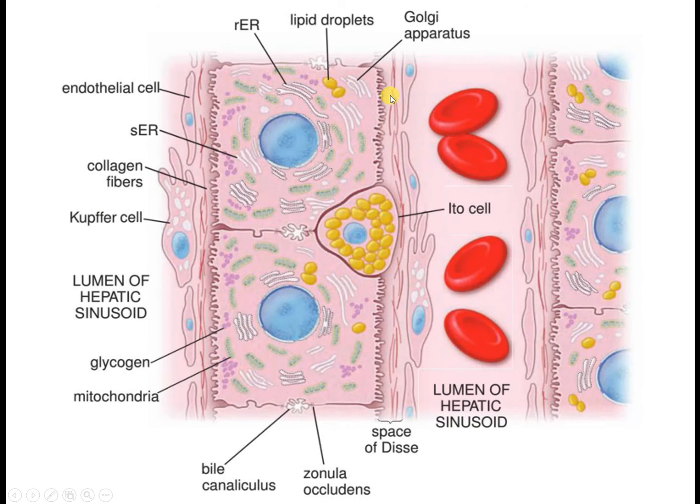Even toxins are absorbed into the space of Disse and absorbed here. But you can ask, what about cells? Why are cells not penetrating here? Actually, cells are also absorbed, but not by this cell. This is a not properly working filter. It filters only plasma, and cells very rarely enter inside.